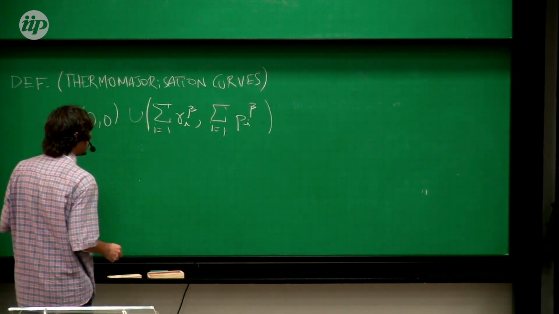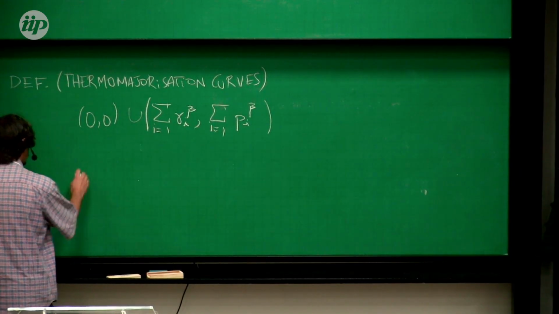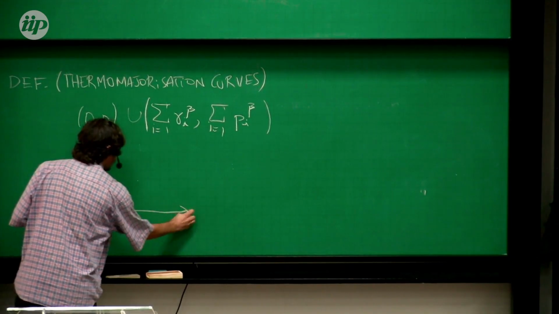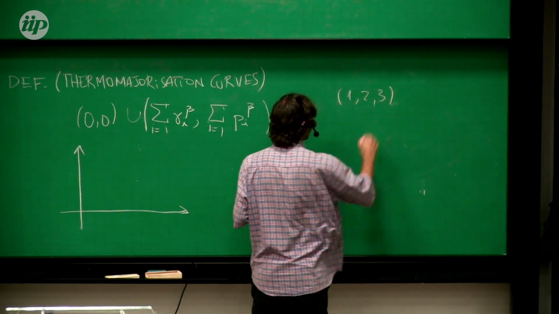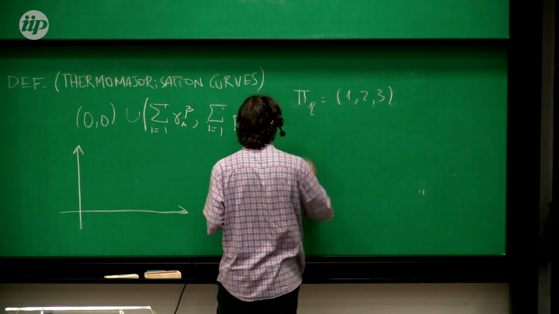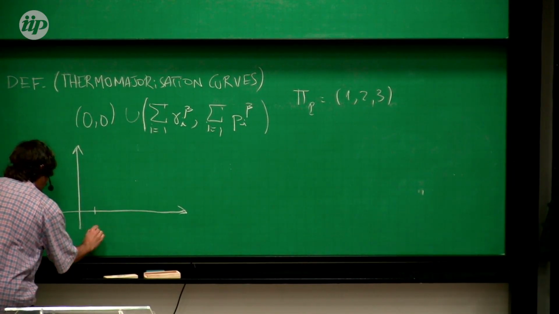Let me just give you an example. Suppose that my beta ordering is 1, 2, 3. So this means that here in the x-axis, I have gamma 1.